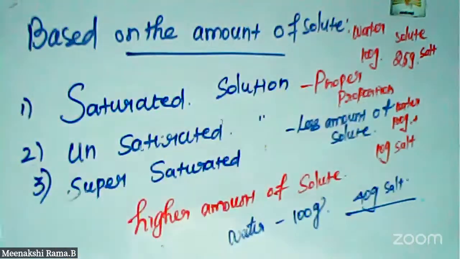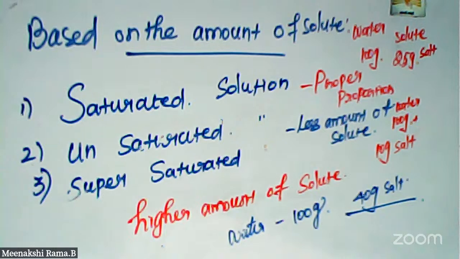So this is also clear, ma? Based on the amount of solute, we can classify the solution into 3 types: saturated, unsaturated, and supersaturated solution. Next one is the concentration. Concentration, what is that?